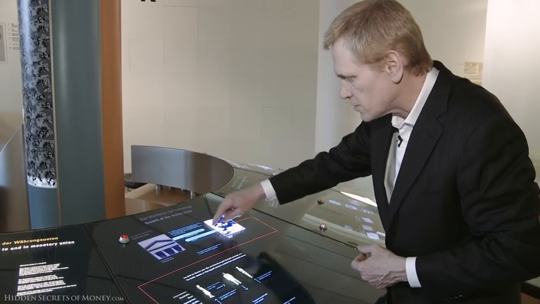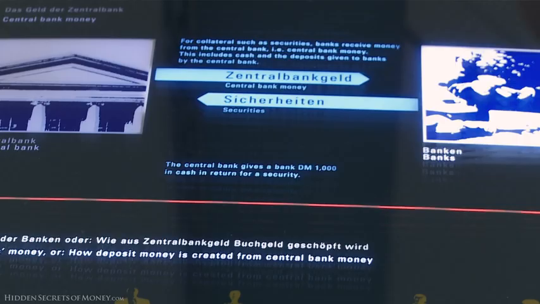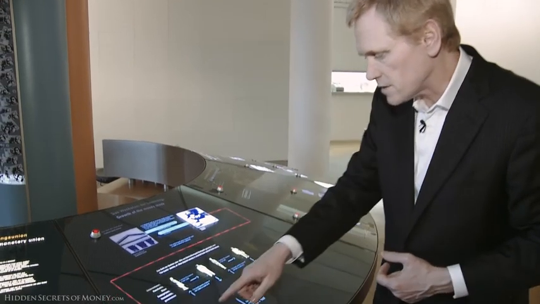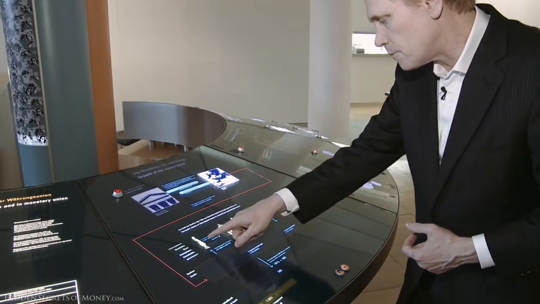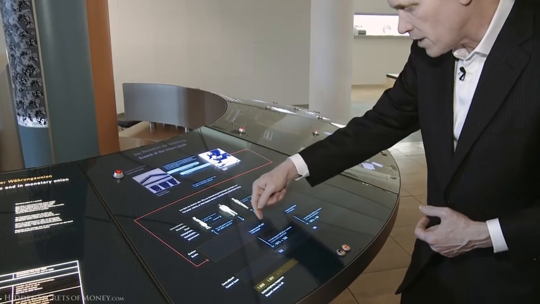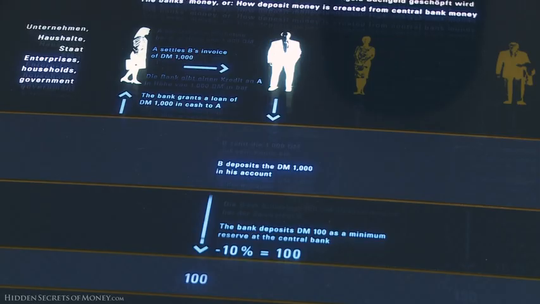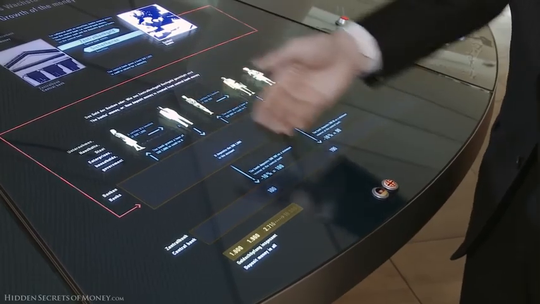The central bank writes a check and the Treasury issues a Treasury bond, which is an IOU, and that creates currency, and then somebody is paid, it gets deposited into a bank account, and of 1,000 marks, they would hold 10%. So right here, they're already telling you that his bank account is a lie.